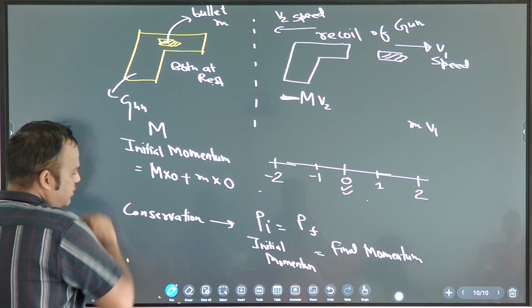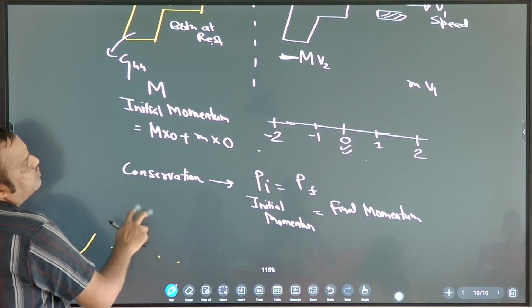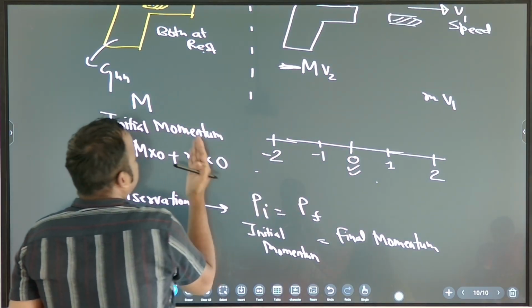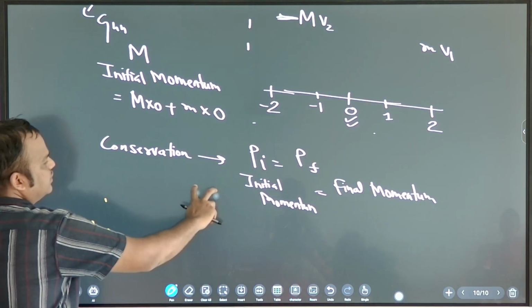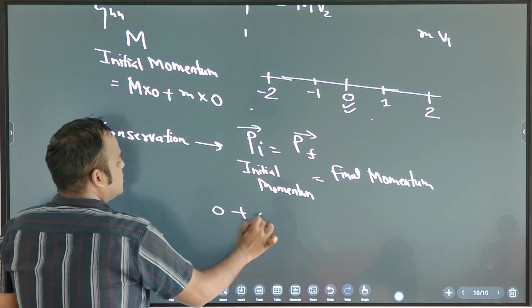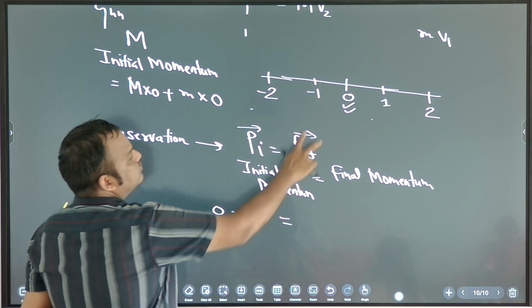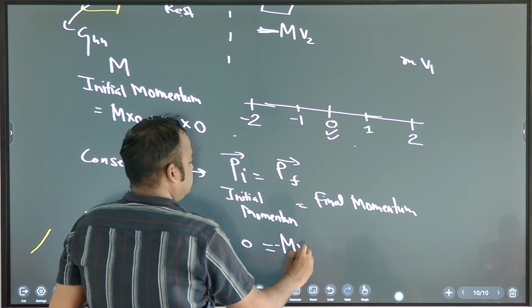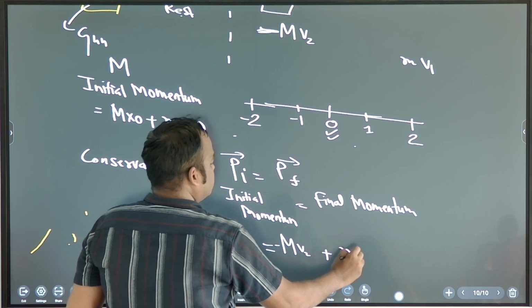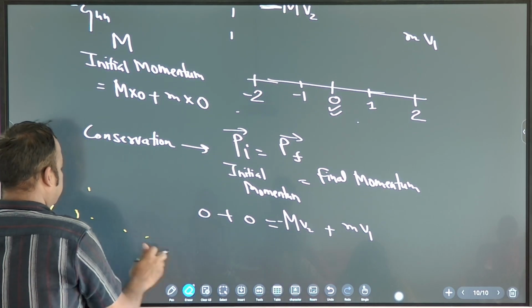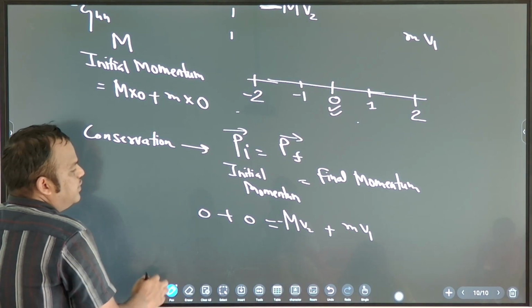So conservation. Then you can equate it. What is the initial momentum? 0 plus 0. So you write like this: initial and final are equal in vector form. 0 plus 0 is equal to minus Mv2 plus small m v1.